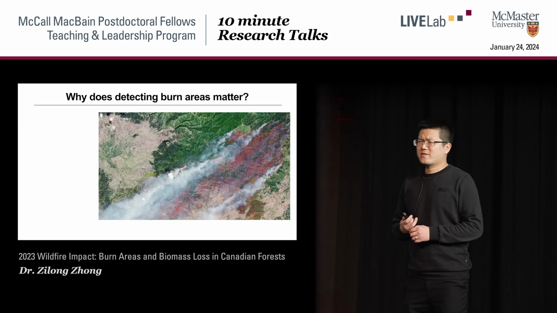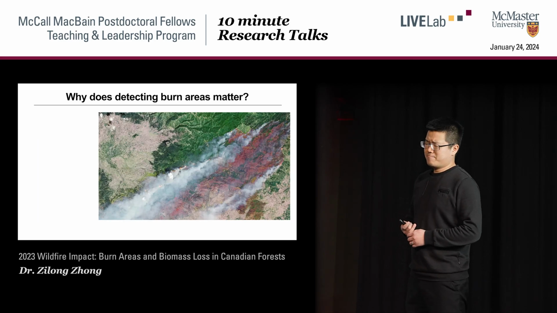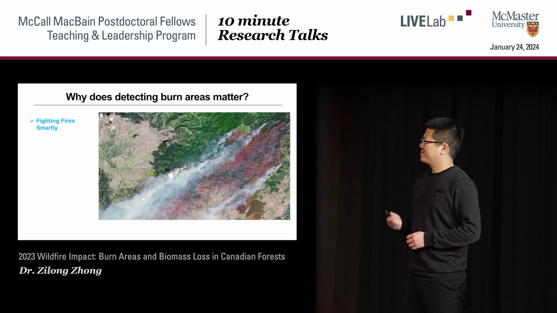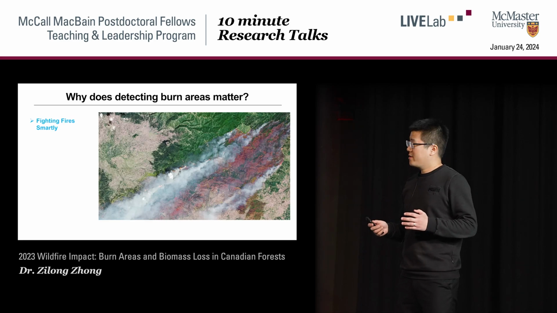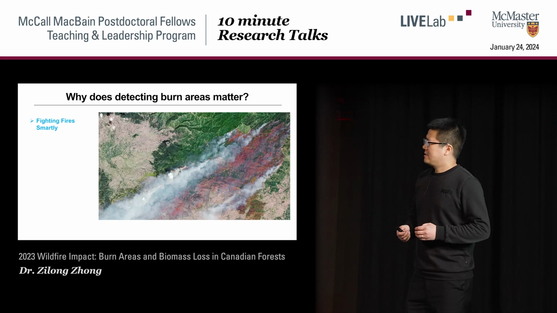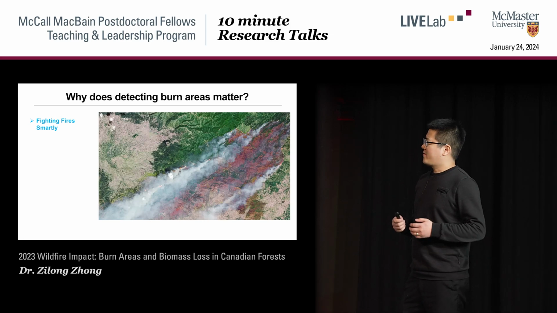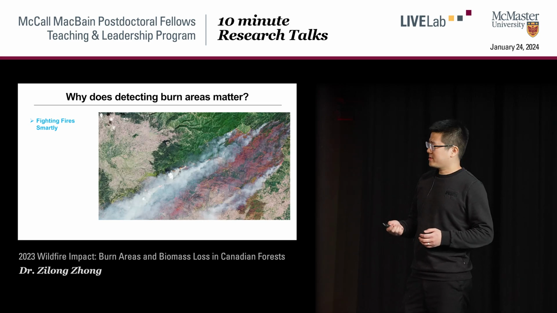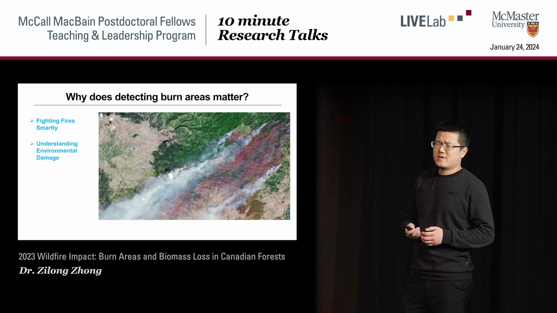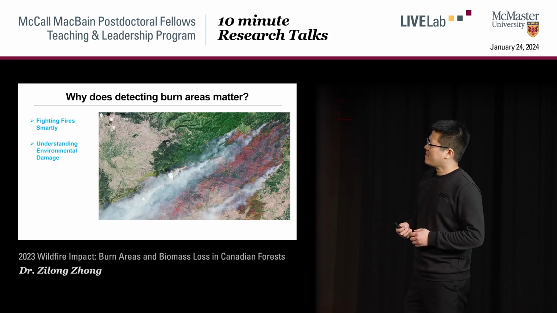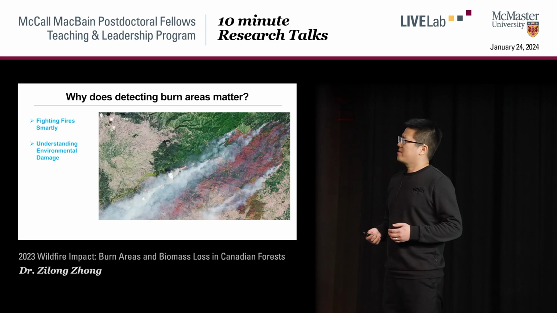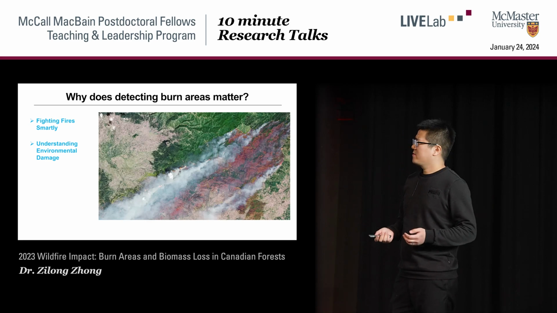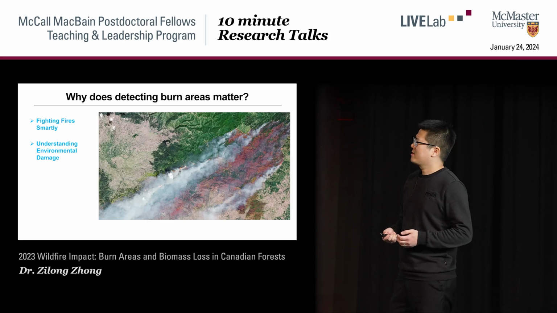So, why does detecting burn areas matter? First, knowing exactly where the burn areas are helps us direct firefighters and resources to the right place. Second, based on this data, we can better understand the damage to the wildlife, ecosystems, and nature.